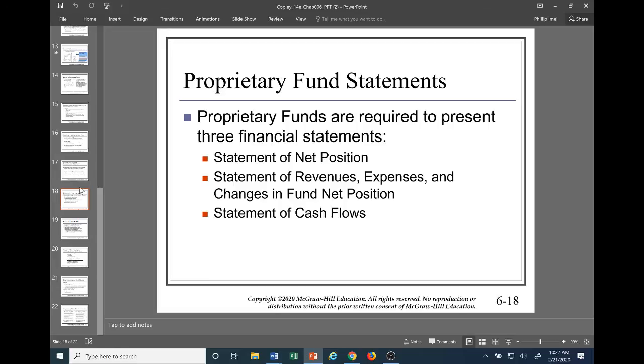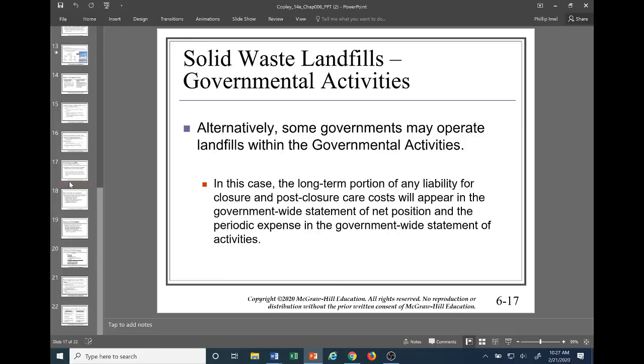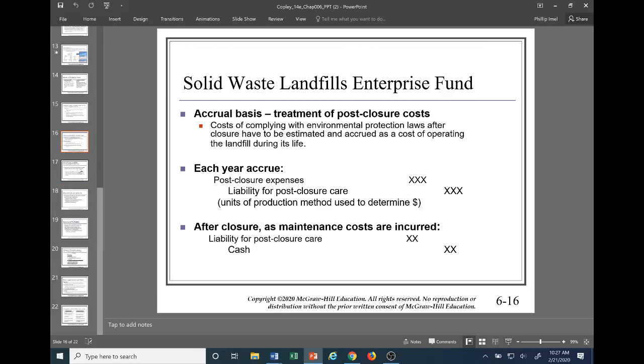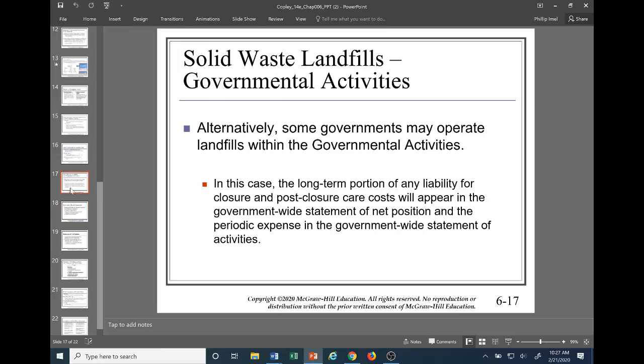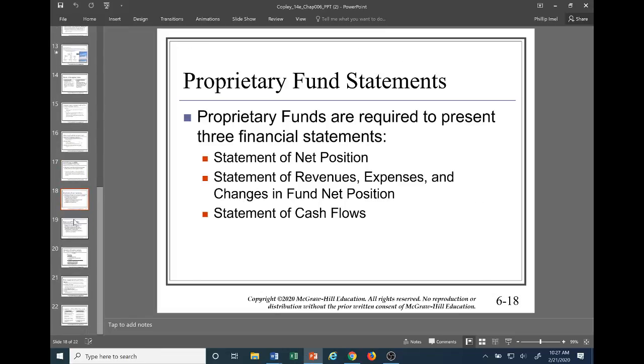It's in the enterprise fund, right? And if it's in the governmental one, then it's going to be accounted for in government-wide because it's on the accrual basis, right? That's the main thing here. Recall it said accrual basis, so that's why it would be on the government-wide. Sorry, I'm just jumping all over now, aren't I? All right, so that's that thing.